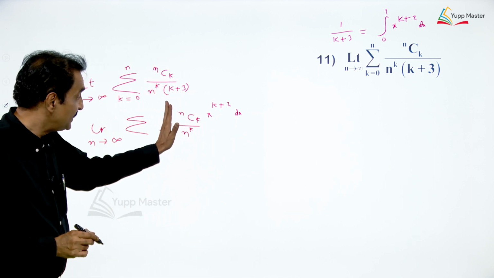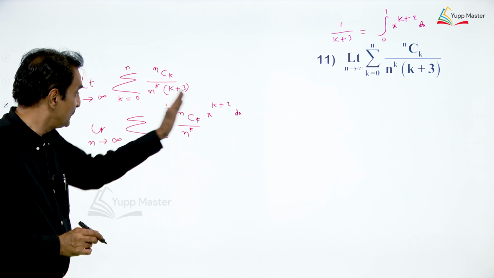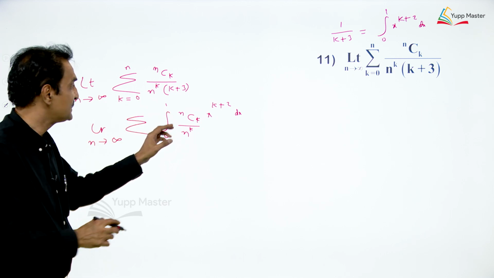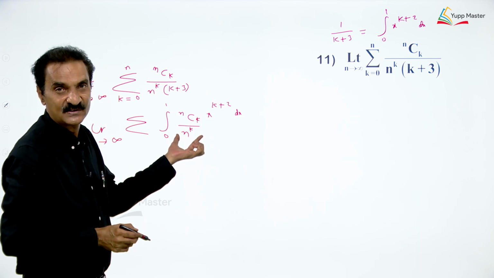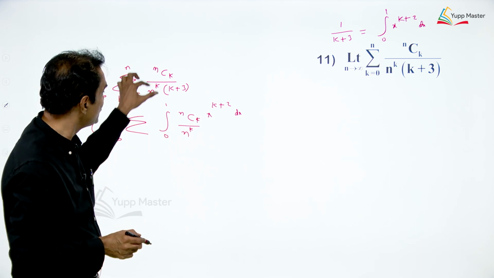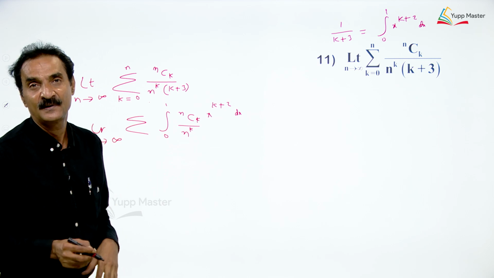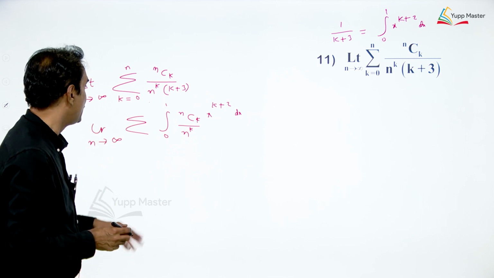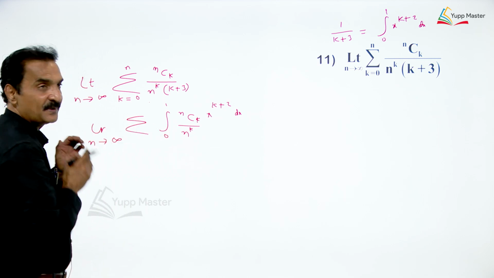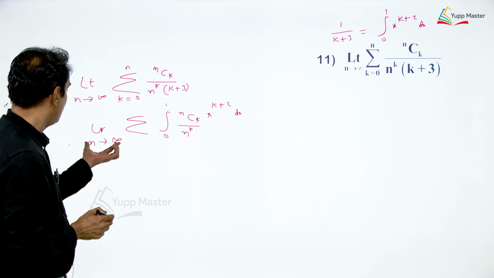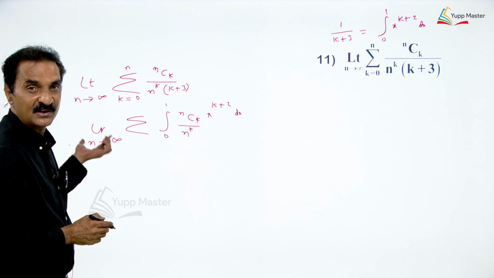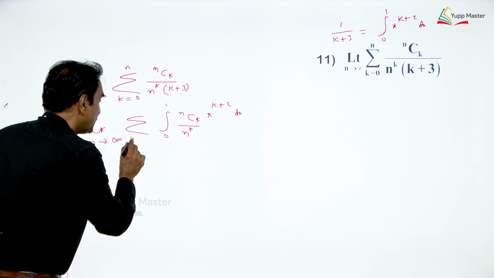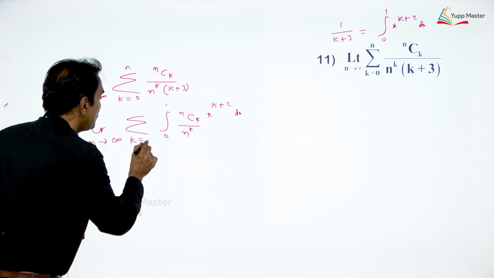I wrote this integral outside nCk because integral is with respect to x. These two are independent of x. So, I can write these two, nCk and n power k, inside the integration. Okay. And also I can write the integral outside completely because this is with n tends to infinity, it is independent of x and k varies from 0 to n.